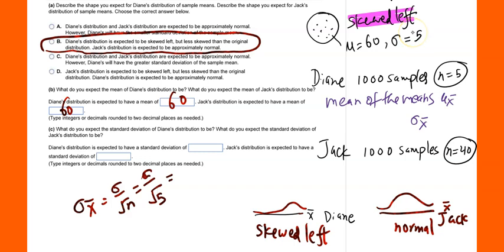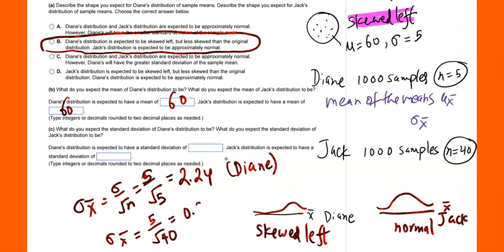5 over square root of 5. If you do the math here, that's going to be 2.24. That's Diane's standard deviation. But Jack's standard deviation is the same formula, 5 over square root of 40, which is going to give you 0.79.